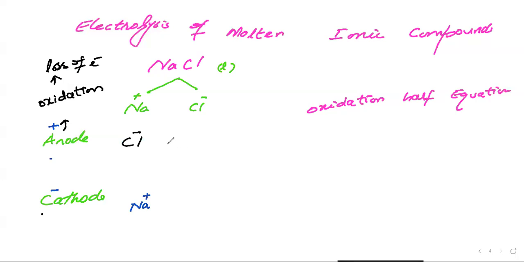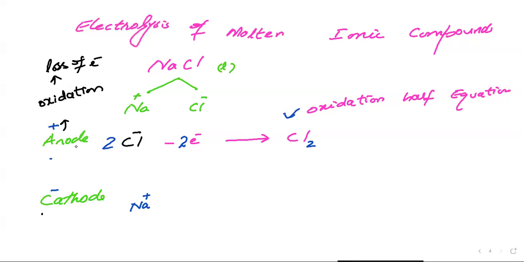Chloride ion will lose electron and convert into chlorine atom. But chlorine is diatomic, guys, so you have to put 2 here. When you put 2 here, to make this balanced, you have to put 2 here. Each chloride ion is losing 1 electron. There are 2 chloride ions, so they will lose 2 electrons. And this is the oxidation half equation.